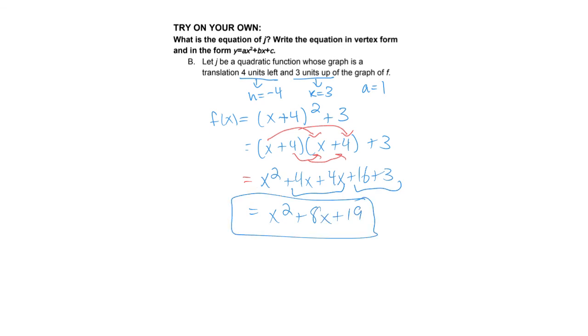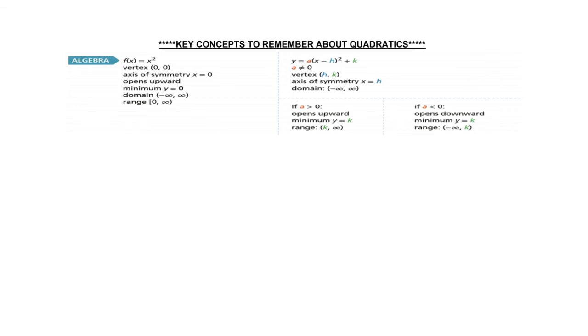And we are done. Now, this part at the bottom of our notes is some key concepts to remember. It gives you vertex form, and tells you a cannot equal 0, because that would just make it y equals k.